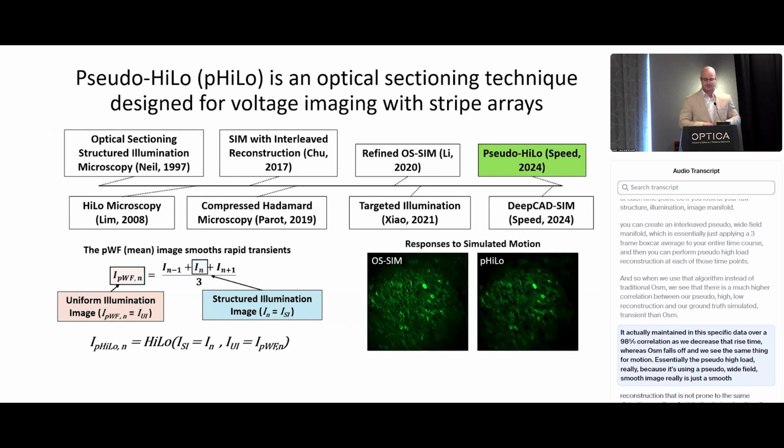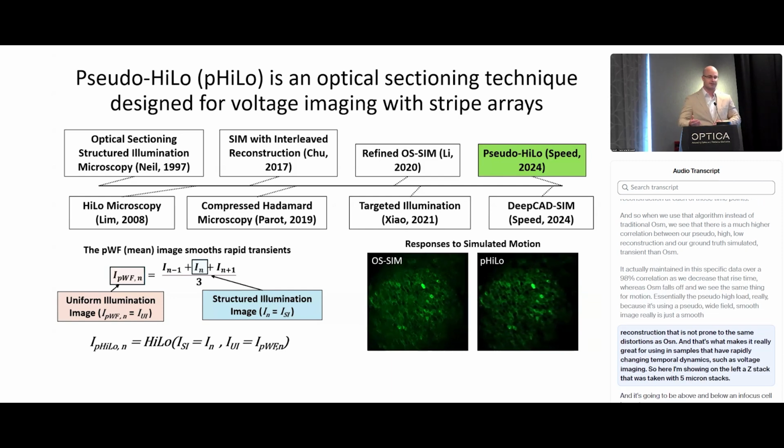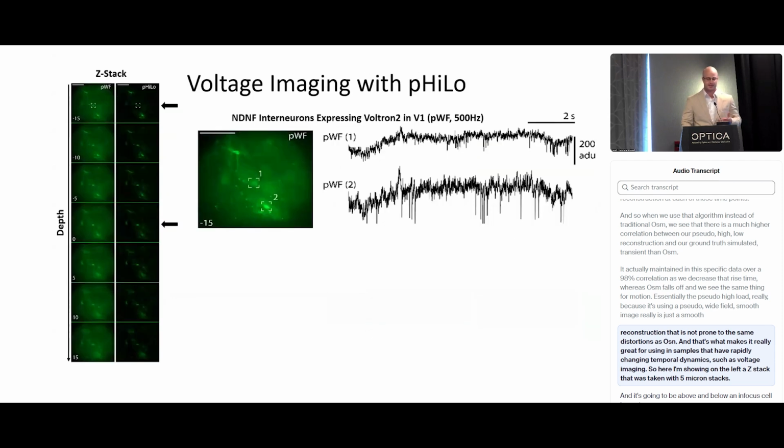And we see the same thing for motion. Essentially, the pseudo-HiLo, because it's using a pseudo-wide field smooth image, really is just a smooth reconstruction that is not prone to the same distortions as OSM. That's what makes it really great for using in samples that have rapidly changing temporal dynamics, such as voltage imaging.